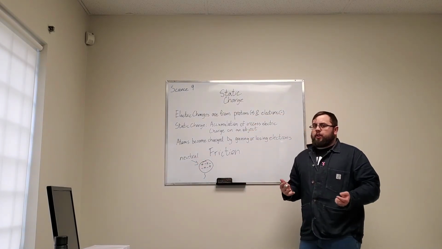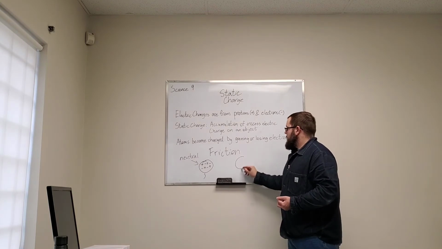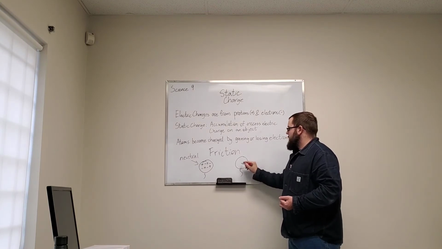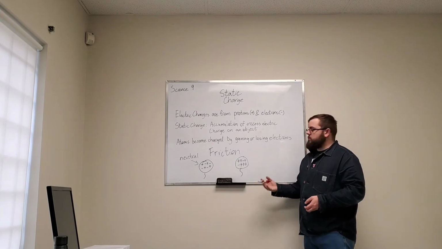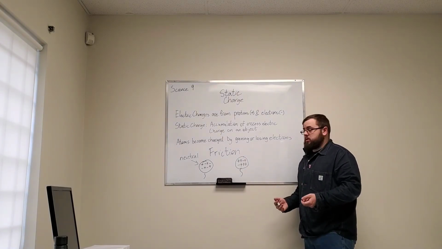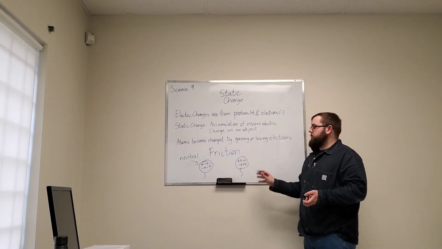And then if we apply some friction to this balloon, what ends up happening is I get something like this, where I have more positive charge. This means I've lost electrons. I have a more positively charged balloon.